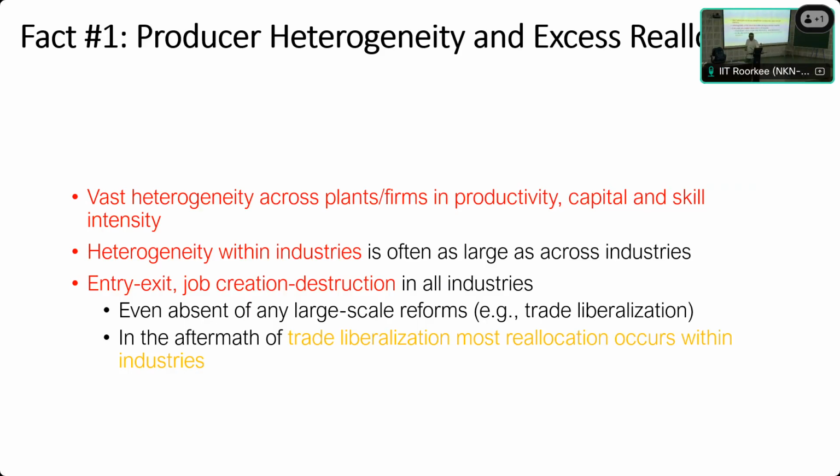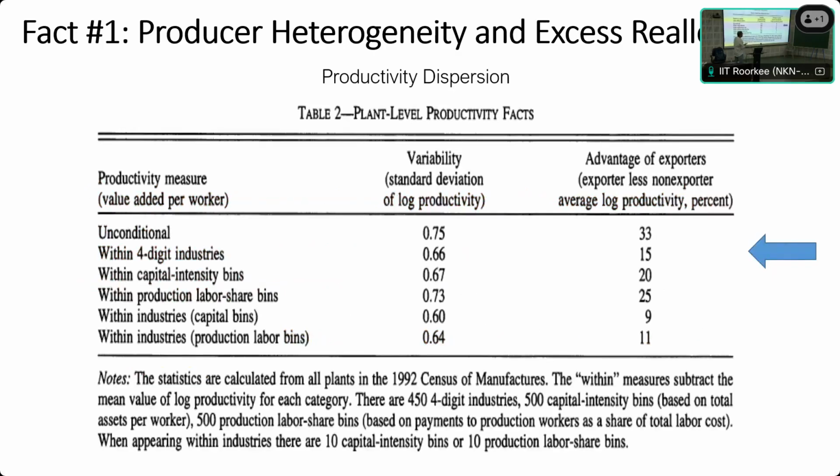Right? So you can see this is plant level productivity within industry, the standard deviation of productivity even within the same 4-digit industry. You know, we classify industries by 2, 4, 6 digits. 4 is the most disaggregated we generally use in world data when we talk about industry, not product. For product, we go to the 6-digit level.